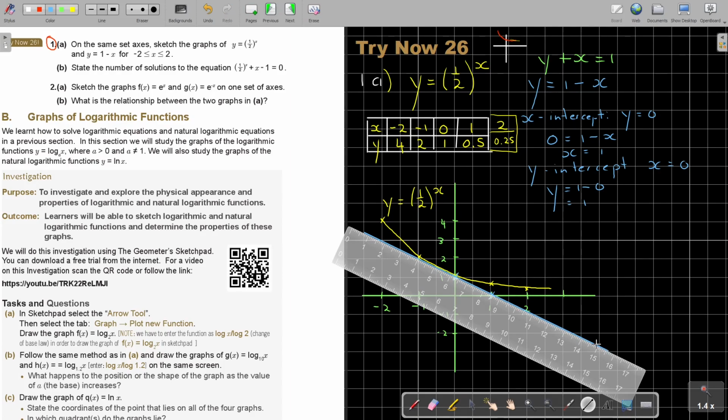I think my yellow line is not 100% correct, because as soon as I see it's supposed to cut there and there, I'm just going to check, because this one is correct now.